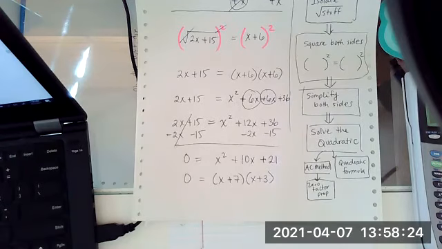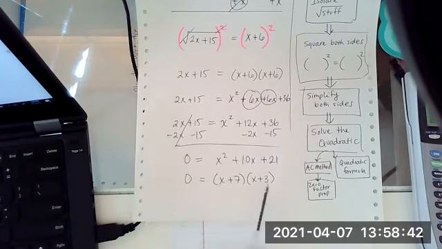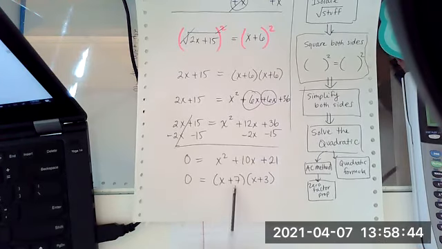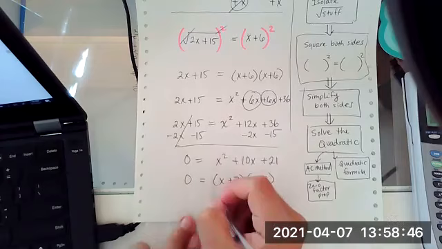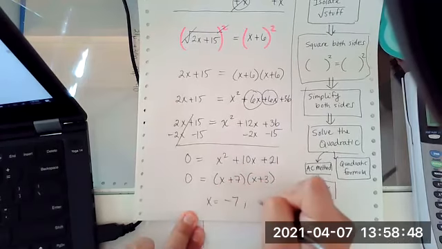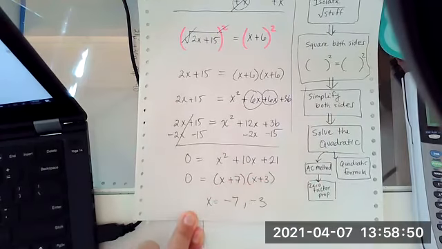Okay, and I took a little pause to give you a chance to factor that trinomial if you needed to. And then some of you might be comfortable enough with the zero factor property to know that when we set this equal to 0 and set that equal to 0 and solve them, you'll just get that x is either equal to -7 or -3.